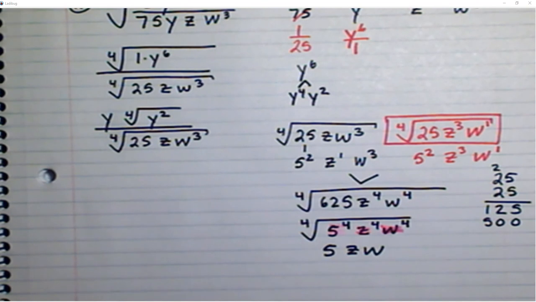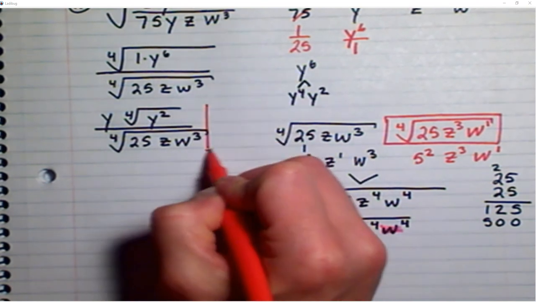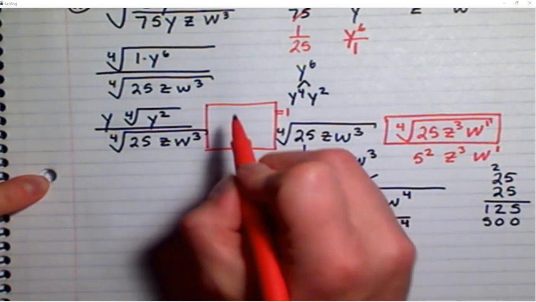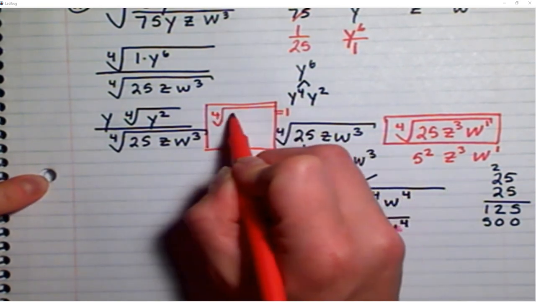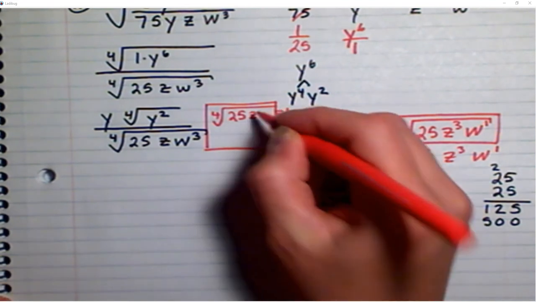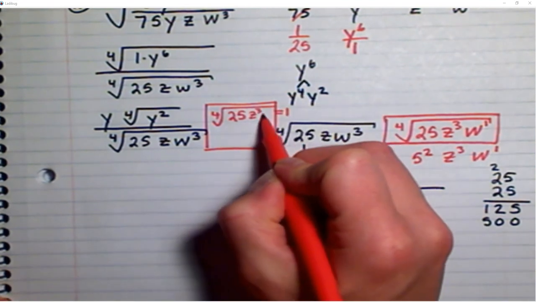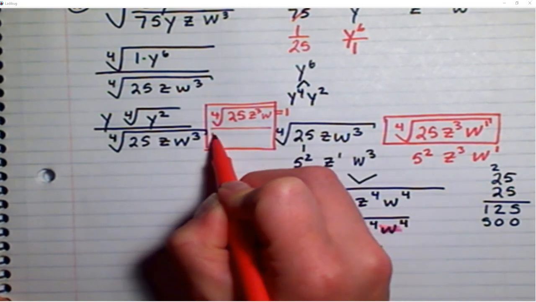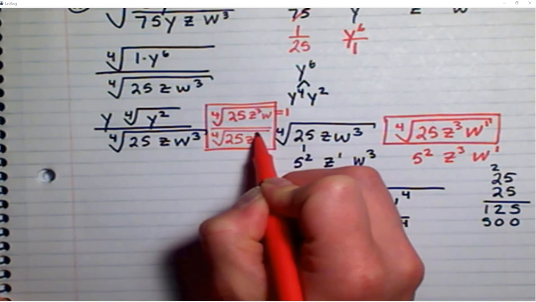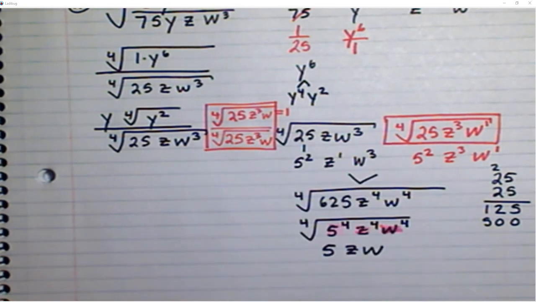All right, let's multiply. Let's put our little box in here, which is going to be equal to 1. So I've got the fourth root of 25z cubed w over the fourth root of 25z cubed w.